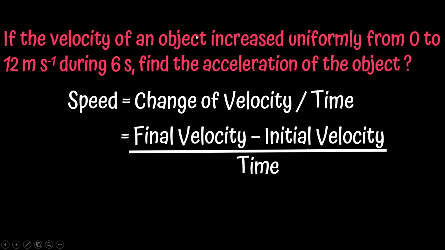This is activity 2.2 in your textbook. If the velocity of an object increases uniformly from 0 ms^-1 to 12 ms^-1 during 6 seconds, find the acceleration of the object. So this is acceleration, I am sorry.